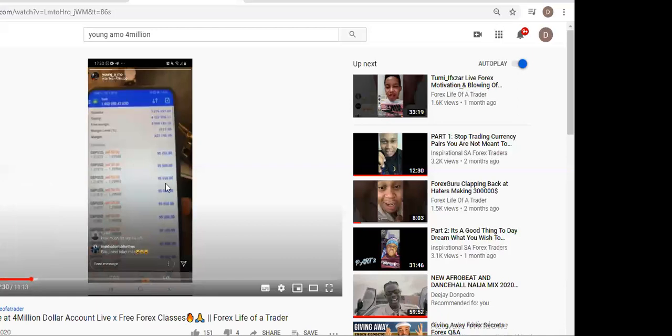Look here. Each of his trades has a 50 lot size. On this trade alone, it was doing 1.4 million in profit right there. All the trades were running, each one of them 95,000, and it was trading the pound dollar.